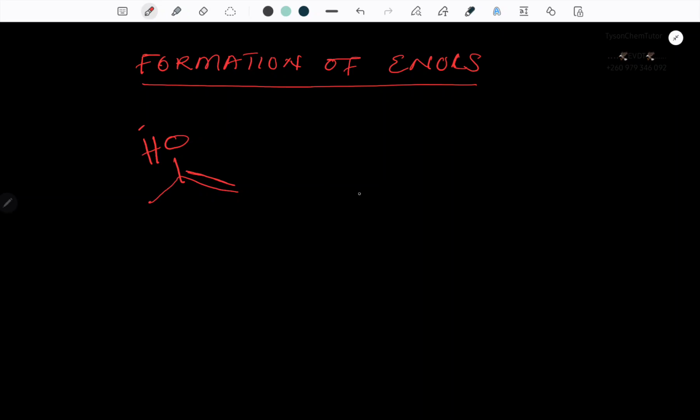Another example of an enol: if you have a compound like this, then here is the OH, this carbon contains the OH, or hydroxyl group, and there should be a double bond between this carbon and the other one, like this. That's an enol. Now another example, the last one.